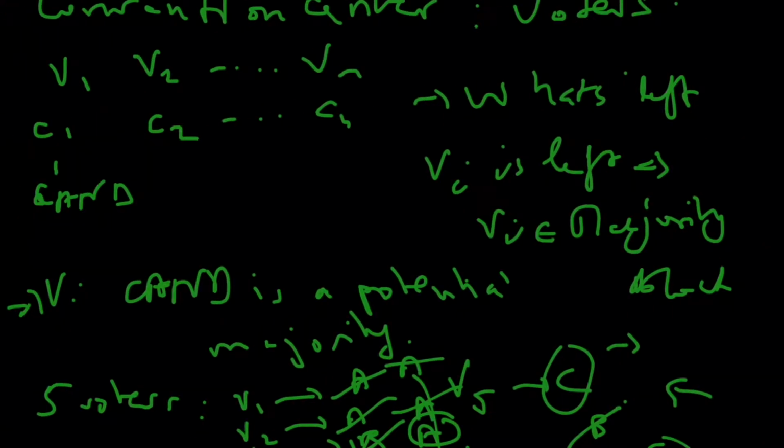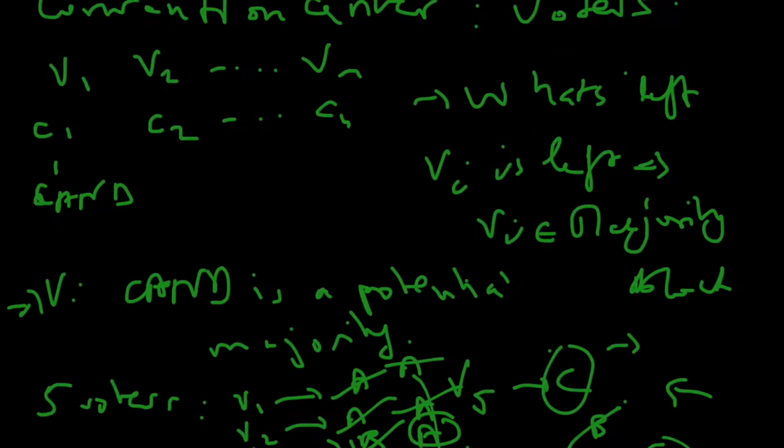So in our example here, we can say C is the candidate left, so we go and count each vote. If we count, A is 2, and B is 2, and C is just 1. So we can see that C is just 1, which is less than n divided by 2. So we can affirm that C is not the majority element.